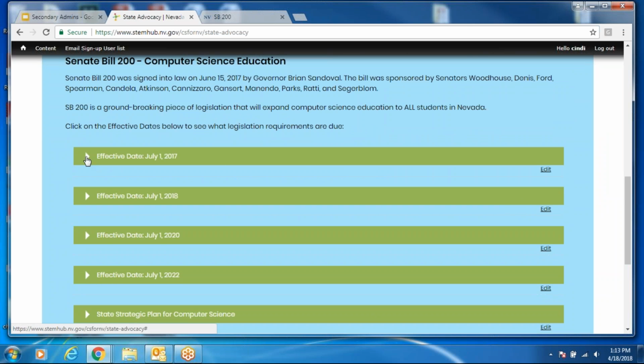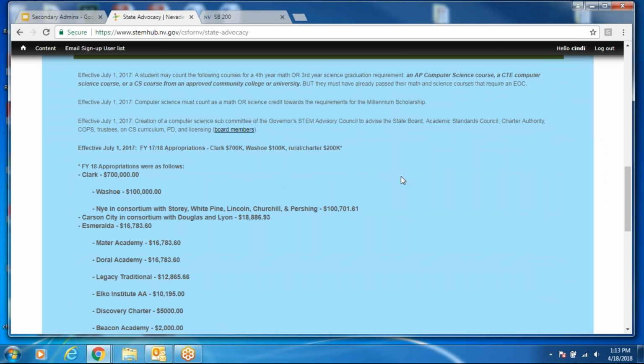For example, with an effective date of last summer, July 1st, these were the things that came into place. First, a student may count the following courses for a fourth-year math or third-year science graduation requirement. That was written in the bill and effective last July. Those courses are an AP Computer Science course, a CTE Computer Science course, or a computer science course from an approved community college or university.